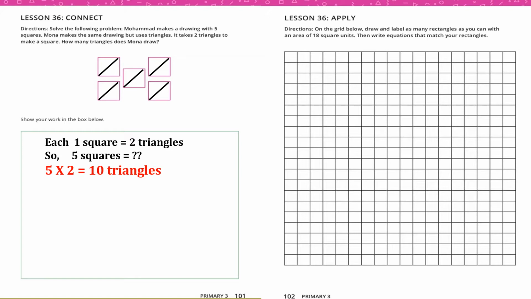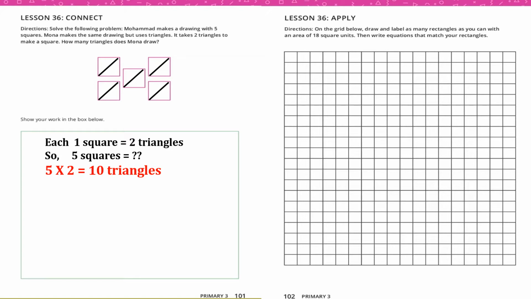Now, let's apply on this grid below. Draw and label as many rectangles as you can with area of 18 square units. So the area is 18 square units. Here we know the area and we wanted to know how many rows and columns to get this area.